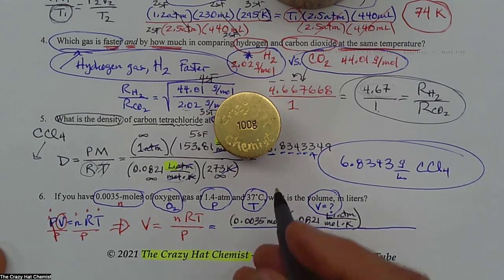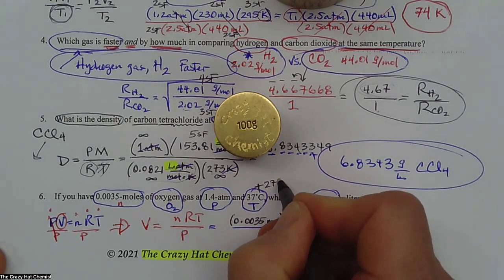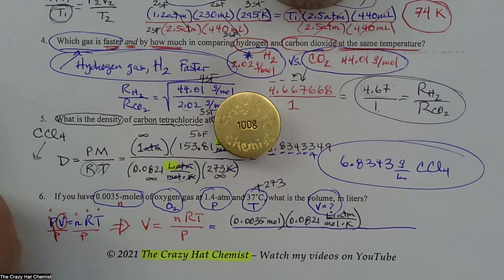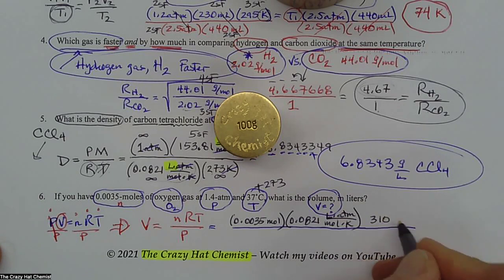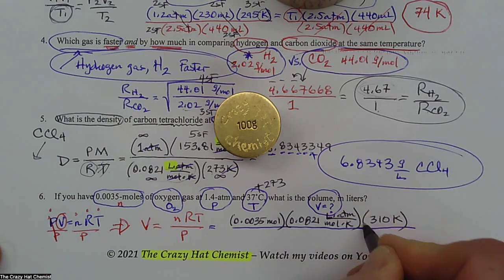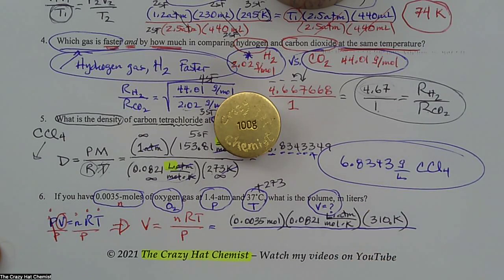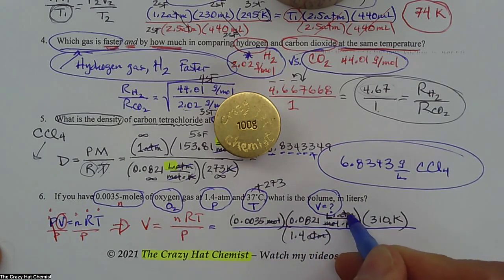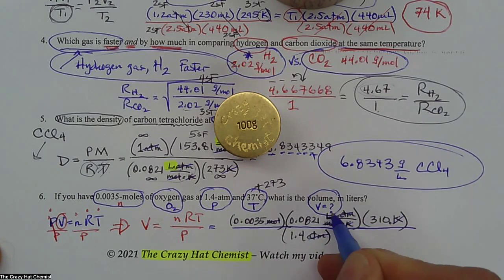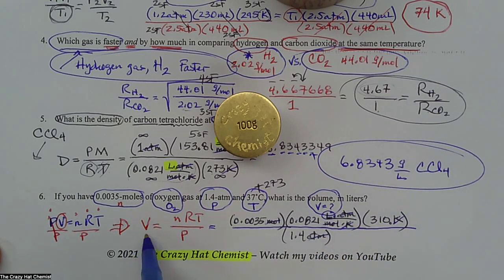So I'm going to add 273 to this number. So it's 37 plus 273, and I'm going to get 310 Kelvin. Then the pressure is 1.4 atmospheres. You should see that the moles cancel out, the atmospheres cancel out, the kelvins cancel out, and I'm left with liters, which is a volume, and that's what we're solving for.